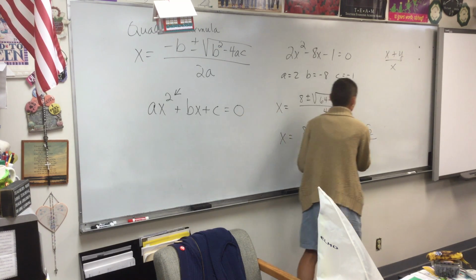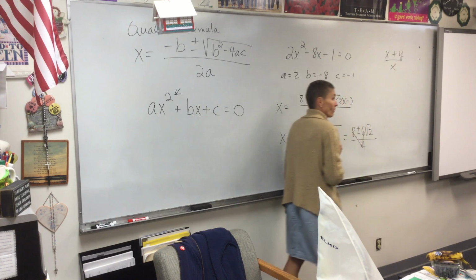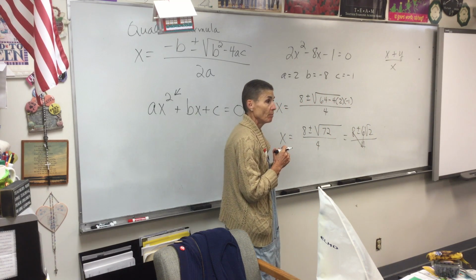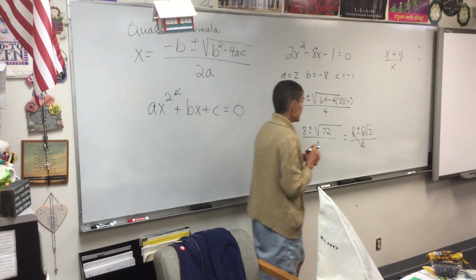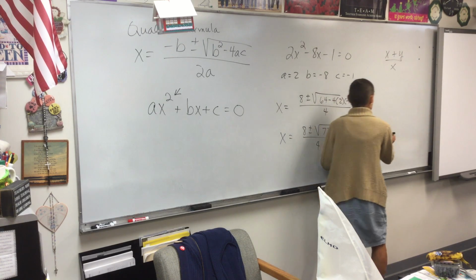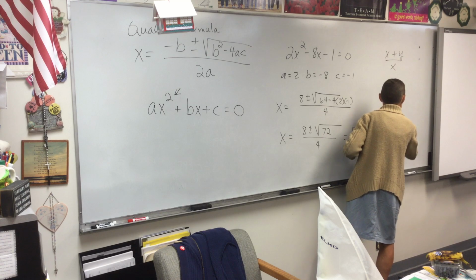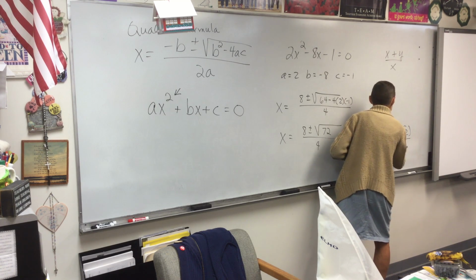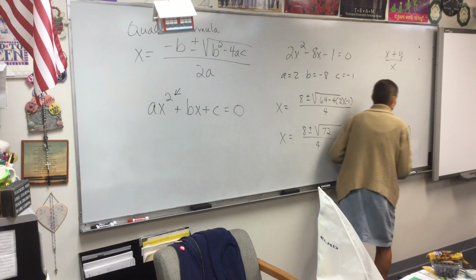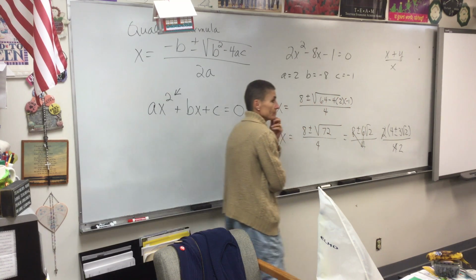Now can I simplify? Yes, because now I can cancel out of all 3 parts. It's like factoring a 2 out of the numerator and canceling that 2 with the denominator.